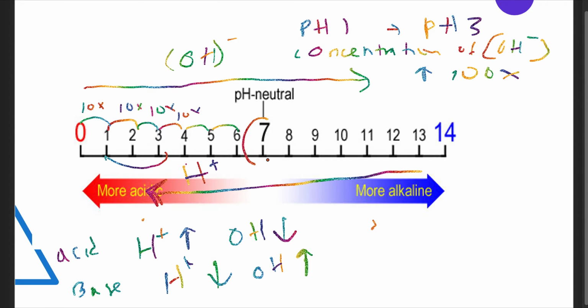And when we hit a neutral 7, they're actually equal. Okay? So those are two things you need to know: how the concentration increases, so it's 10-fold, 100-fold, 1,000-fold, and also knowing how to compare the two concentrations. Okay, so let's take a look at the next slide.